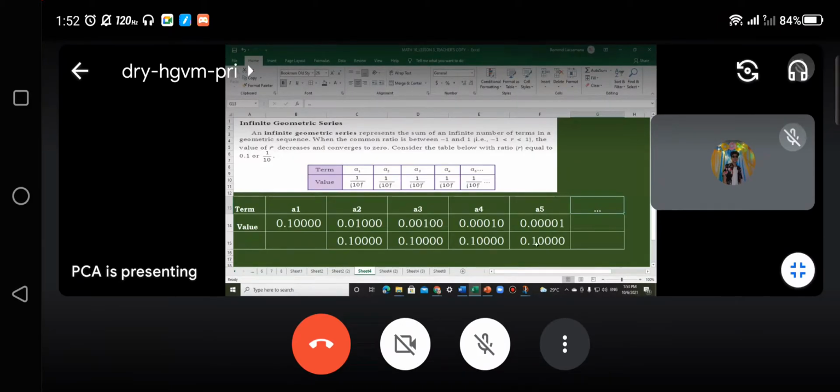So, what do you observe? In your textbook, it says there that the first term is 0.1, that is equivalent to 1 over 10. Check your calculator. And then the next term is 0.01, rather, 0.001, and you notice the progression of the zeros after the point.